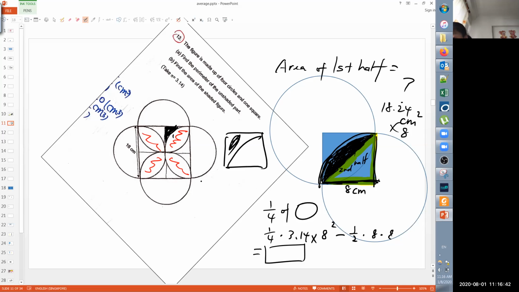So the square is what? 8 times 8 is 64 cm square. You just minus the quadrant. So the quadrant is what? 1/4 times 3.14 times 8 square. So can you tell me what's the area of the quadrant?